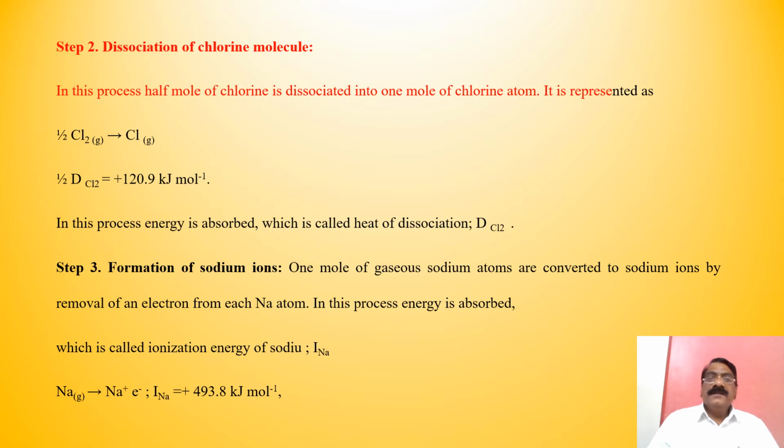It is represented as 1/2 Cl2 gas gives Cl gas. 1/2 DCl2 is equal to plus 120.9 kilojoule per mole. In this process, energy is absorbed, which is called heat of dissociation, DCl2.